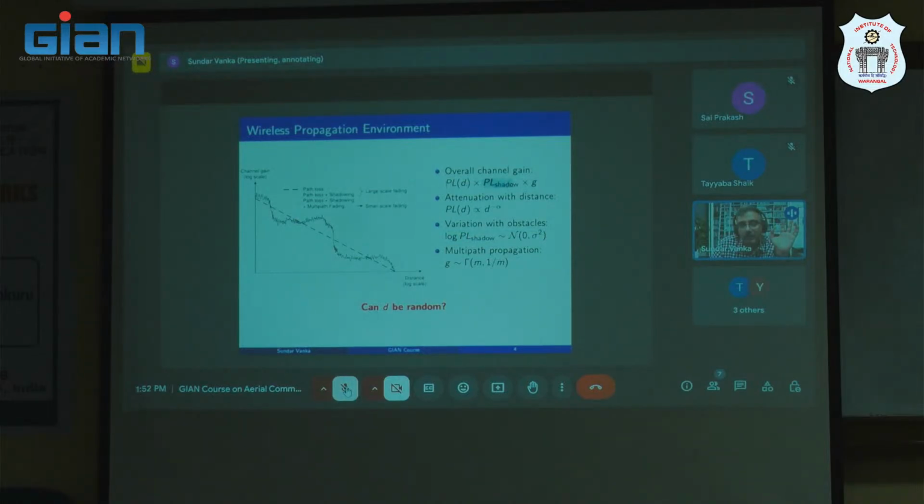The total loss will be the log of this plus the log of this term, which is some random variable, so it keeps adding some randomness. But the important thing is that shadowing is a little more sticky. If you are behind a building for a while, you will be behind the building for some time. So that effect is more correlated.